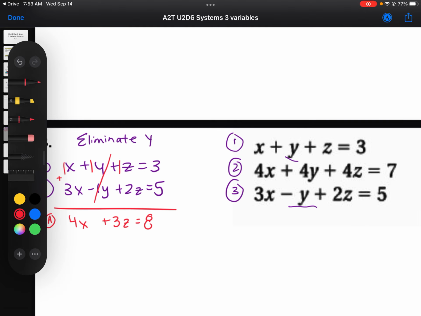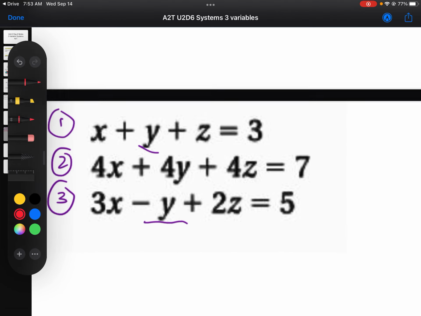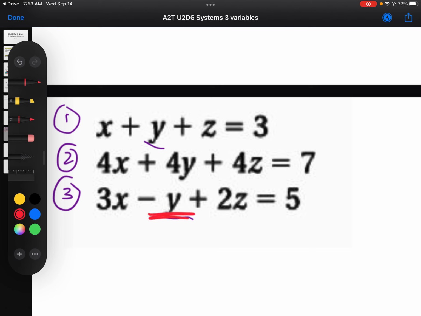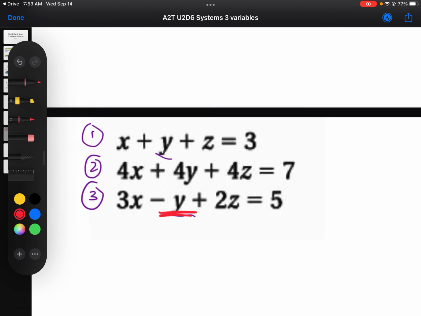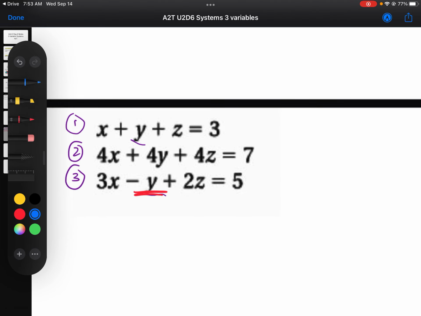Okay, now I need to pick 2 different equations. I can't do 1 and 3, so I can do 1 and 2 or 2 and 3. So because equation 3 is negative, I'm going to do 2 and 3. When I do equation 2, I can leave it as is. Equation 3, I'm going to multiply that. I want to get this number into a negative 4, so I'm going to multiply that equation by 4. So equation 2 stays the same: 4x plus 4y plus 4z equals 7.